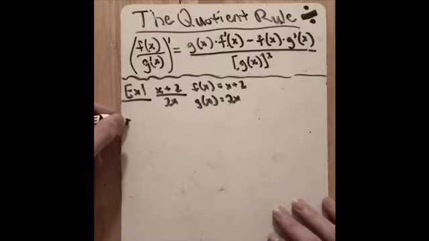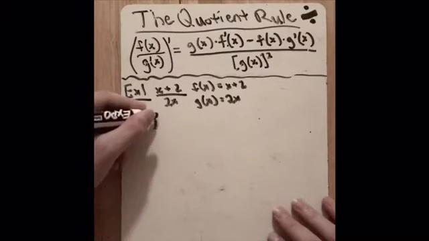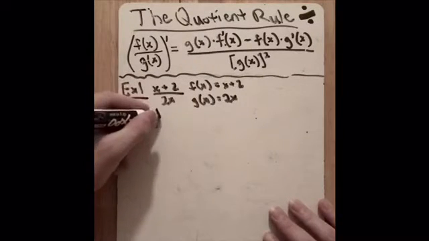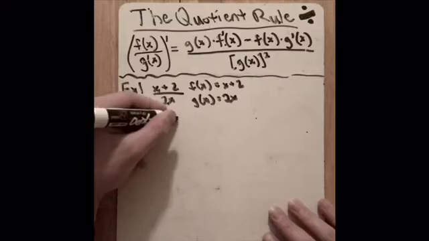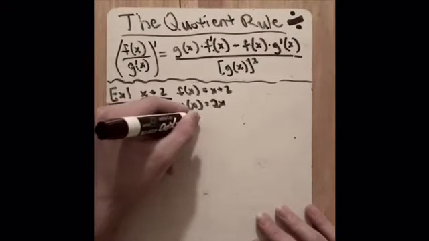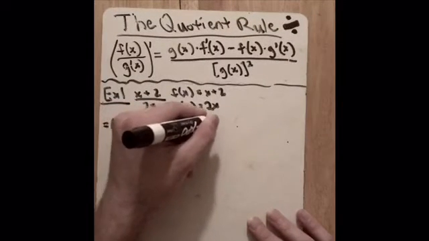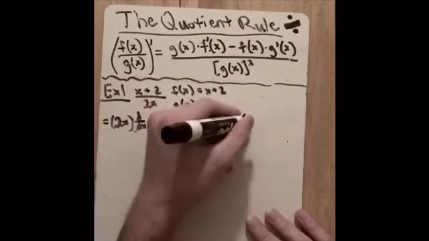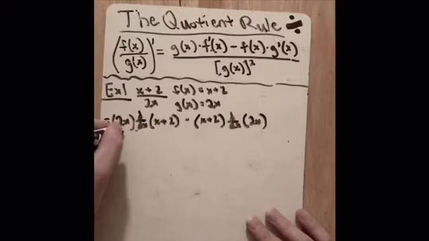So let's do that. Let's plug in the low, times the derivative of the high, minus the high times the derivative of the low, which is 2x, all over the low squared.